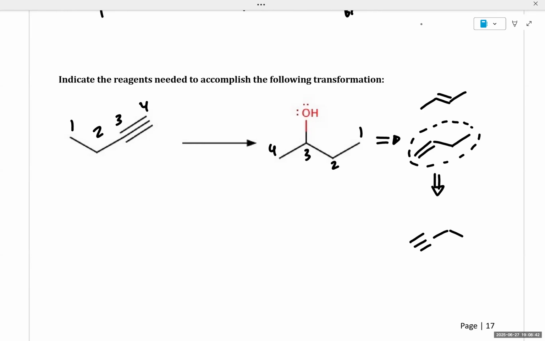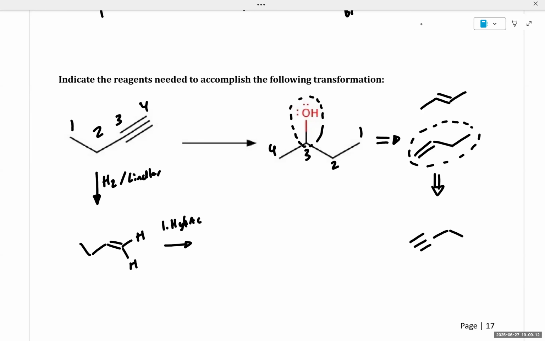Well, there we go. So, in the forward sense, I'm going to reduce this alkyne with Lindlar's catalyst. You can also do dissolving metal reduction. This is a terminal alkyne after all. From here, if I want to place the alcohol at the more substituted position, I can just employ oxymercuration.